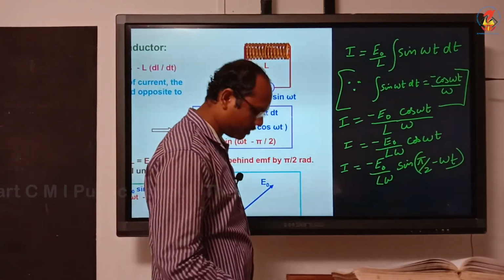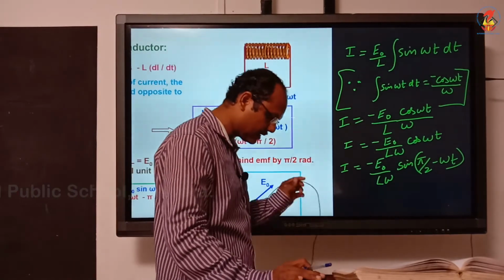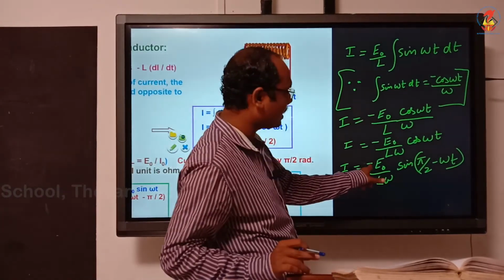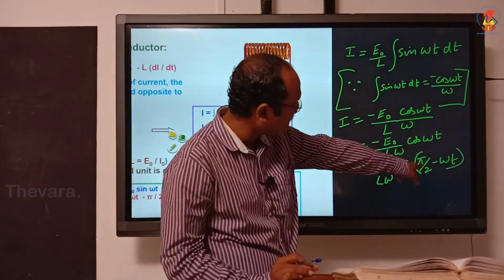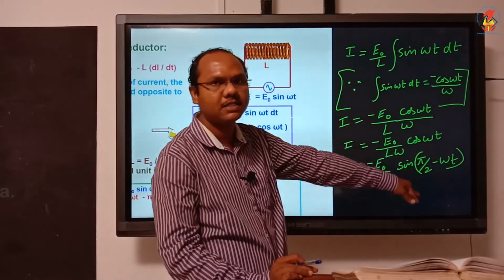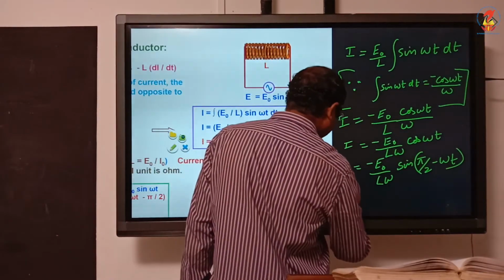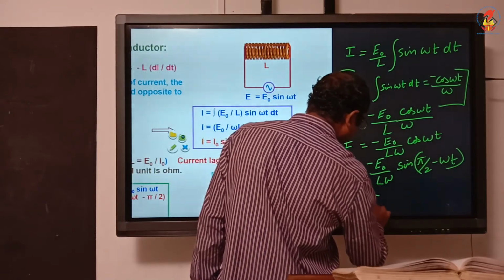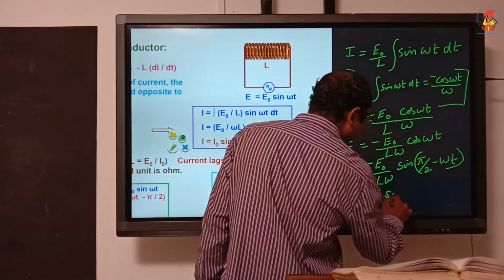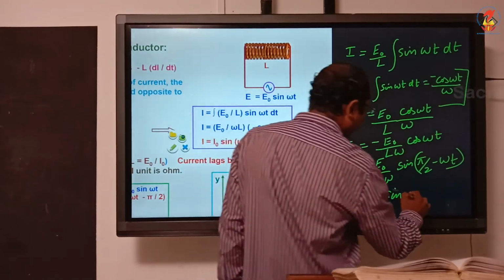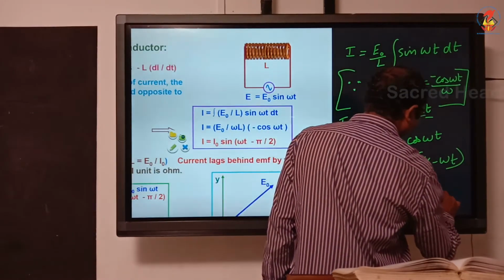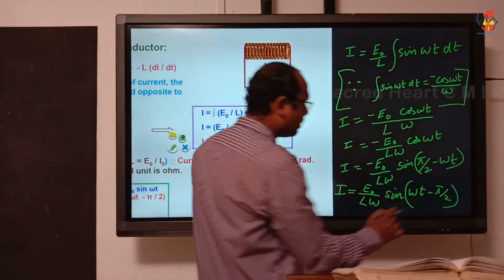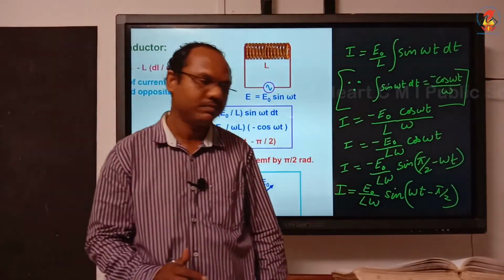Then to remove, there is one negative sign here. So when you take the negative sign inside, it will be omega t minus pi by 2. So I will write the equation as I is equal to E0 by L omega sine omega t minus pi by 2.